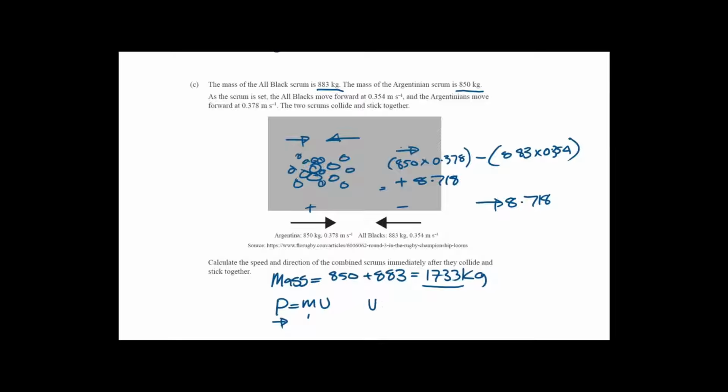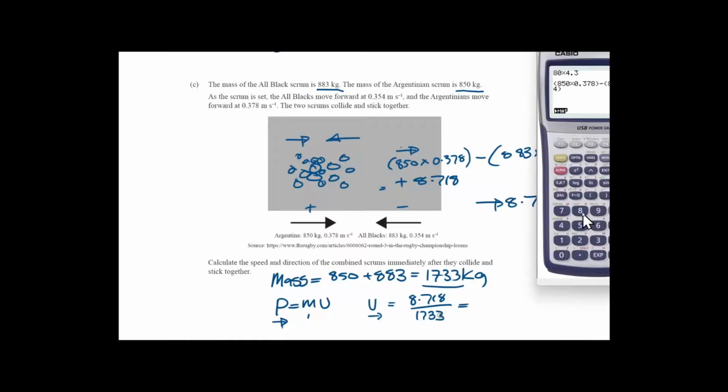So the velocity, and it's going in that direction, is going to be the momentum, which is 8.718 divided by 1,733 kilograms. I've no idea what that is off the top of my head, so Mr. Casio comes to the rescue.